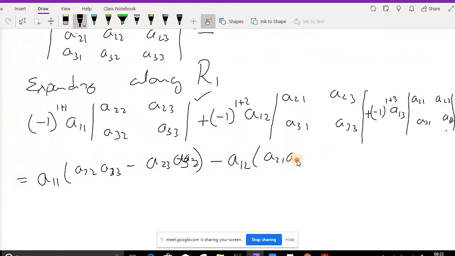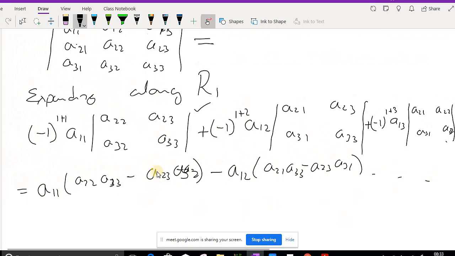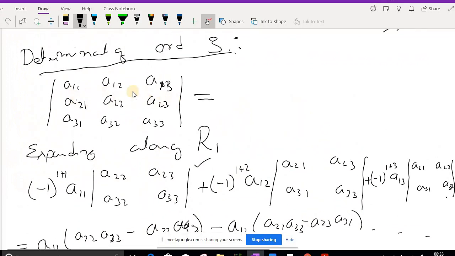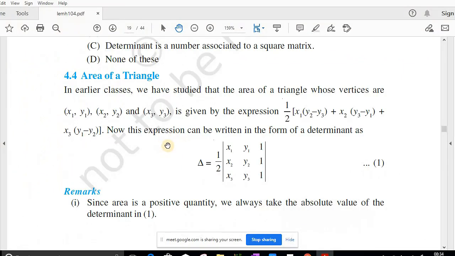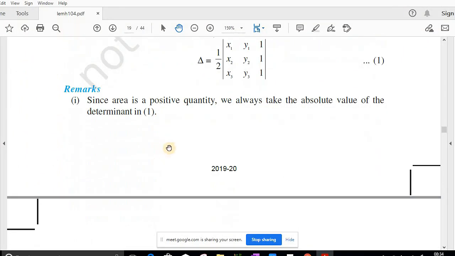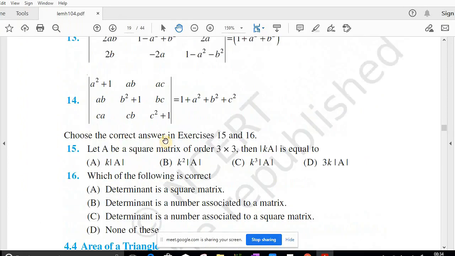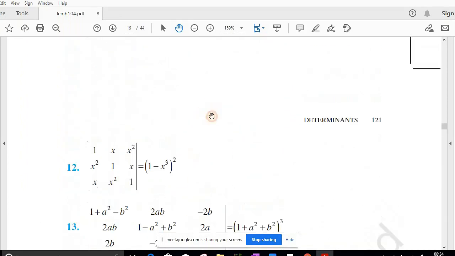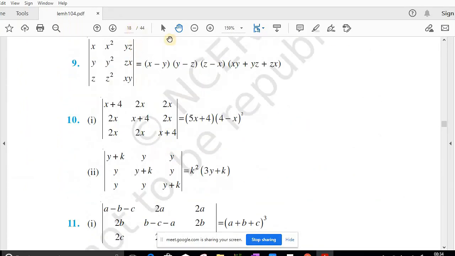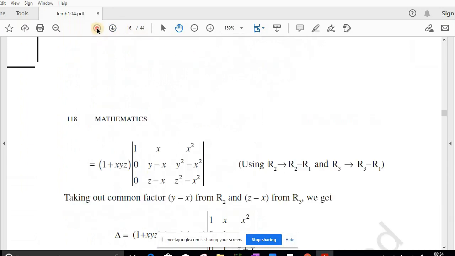Now you just multiply this, a21 a33 minus a23 a31. Like this you just go on doing this. Similarly you can expand along the first row, second row, third row, first column, second column, third column. Okay, for reference you can just see this.